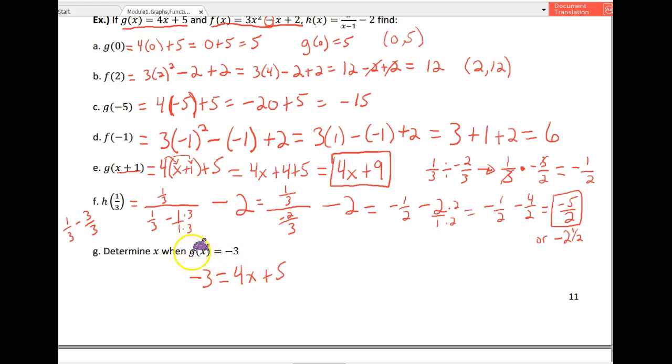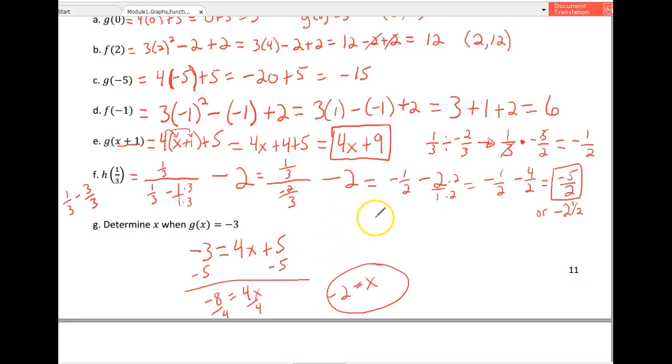This whole thing is saying find x, so find the x, the input, when the output is negative 3, when the y value is negative 3. So we're just replacing g of x with negative 3, and now we need to solve for x. So I'm going to subtract 5 from both sides, get negative 8 equals 4x. I want to get x alone, so I divide by 4. So negative 2 equals x. So replacing g of x with negative 3 and then solving for x.